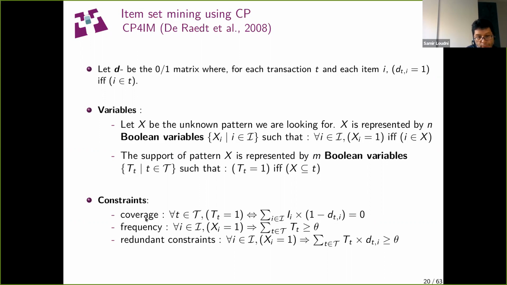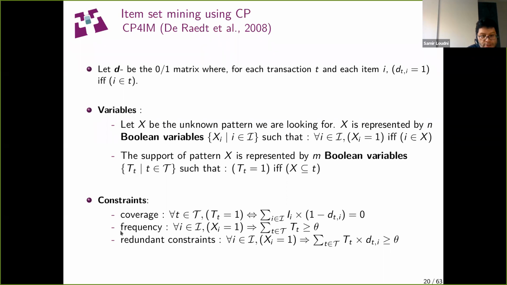The most popular one is the coverage constraint. The coverage constraint encodes the cover of an item set. So it ensures that the transaction variable associated to transaction T is set to 0 if and only if the item set X is absent from T. The second constraint is the frequency one.